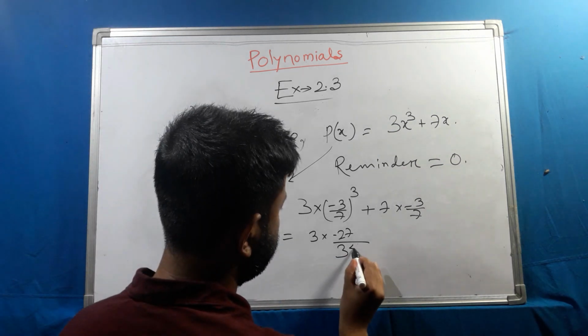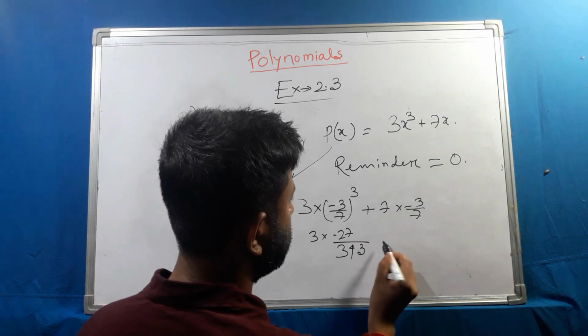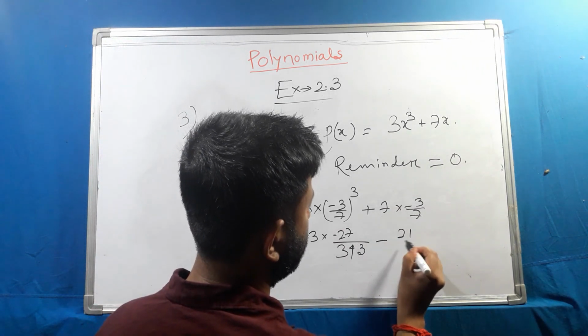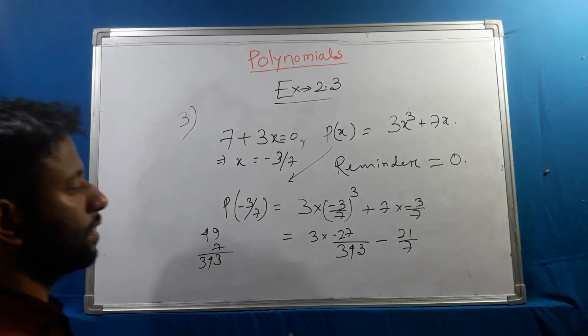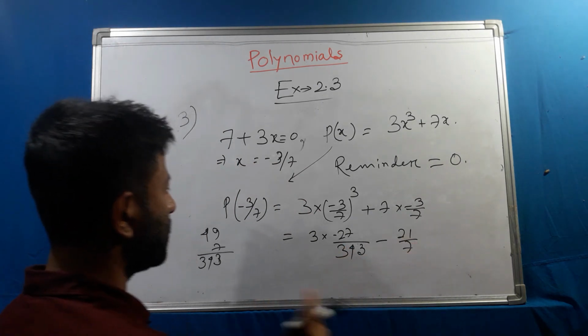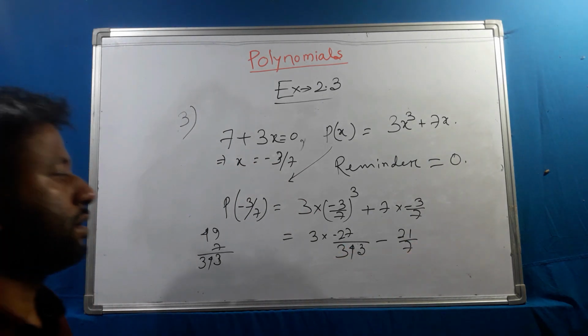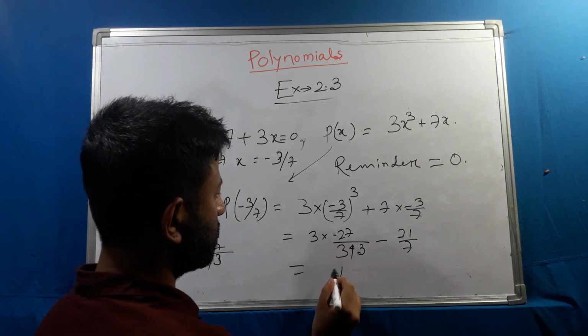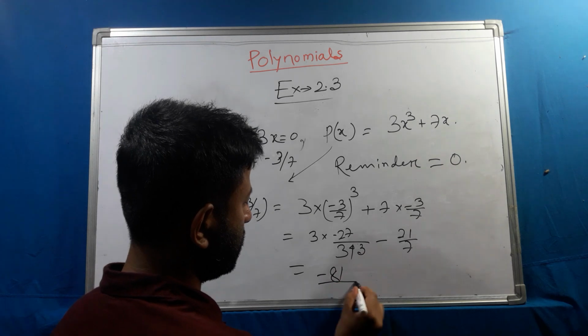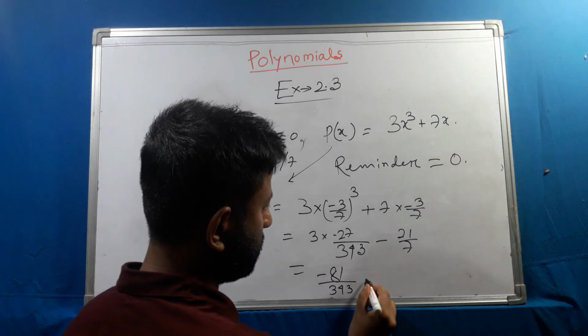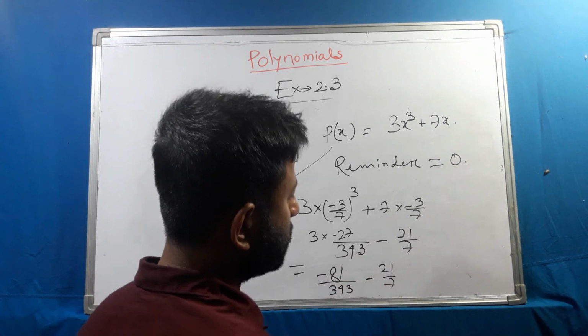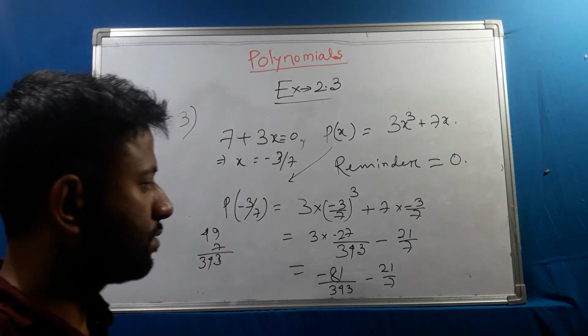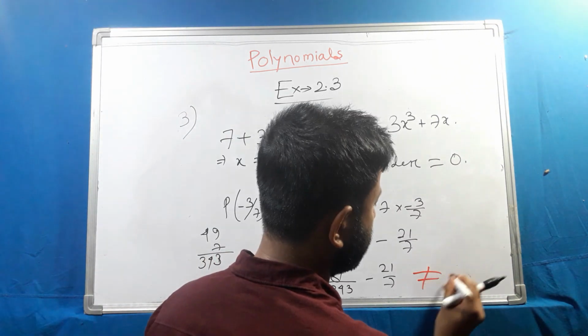So 343 minus 21 by 7. So this is clearly said this is also a negative term, this is also a negative term. So then the remainder is never being 0. 327 is 1, 6, 81. So remainder is not equal to 0.